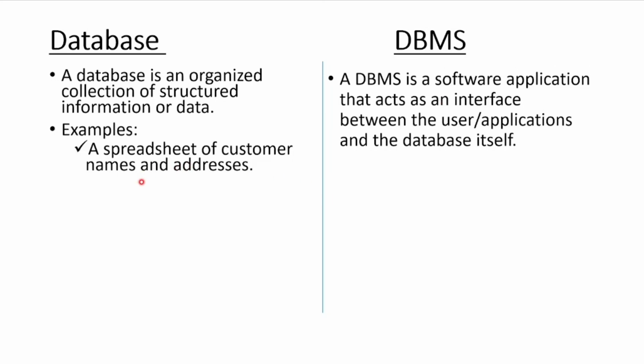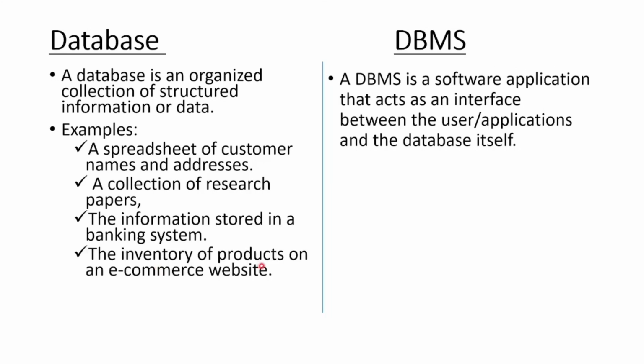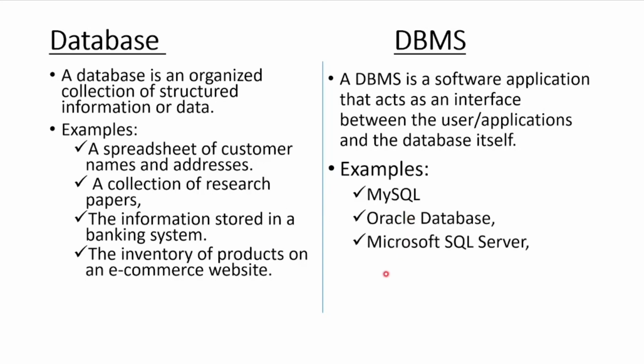A spreadsheet can be, let's say, Microsoft Excel, a collection of research papers, and similarly the information stored in banking system, the inventory of products on e-commerce websites. So these all are the examples of database. And similarly, DBMS examples can be MySQL, Oracle database, Microsoft SQL Server, and Microsoft MS Access, etc. So these all are the examples of DBMS software.